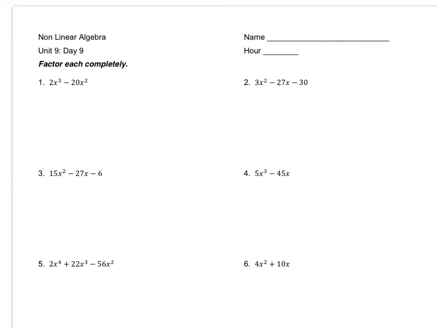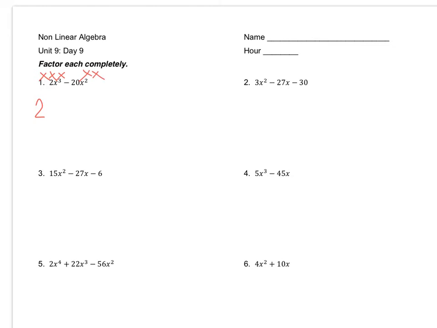So if you look at 2 and 20, what is the greatest common factor of 2 and 20? The greatest common factor of 2 and 20 is 2. So I'm going to write down 2, and then you look at your x's. With 2x to the third, I have 3 x's. With 20x squared, I have 2 x's.